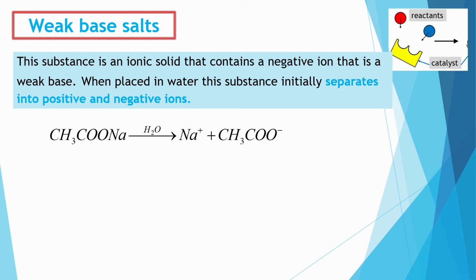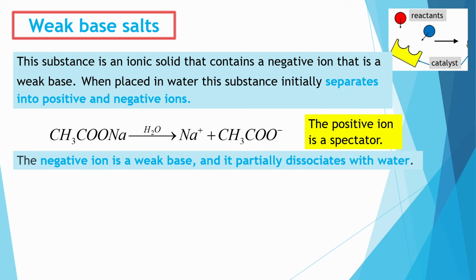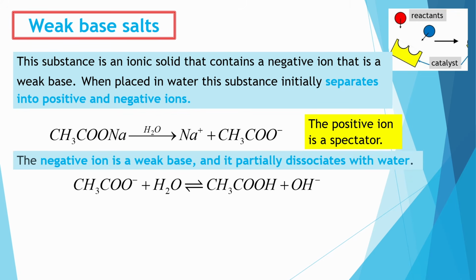So it dissociates, so it splits into sodium ions, which are spectator neutral ions, and ethanoate ions. Now the ethanoate ion is the conjugate base of the weak acid, ethanoic acid. So it itself is a weak base, and we need to remember that. So the negative ion is a weak base. It's going to go on and partially dissociate with water.